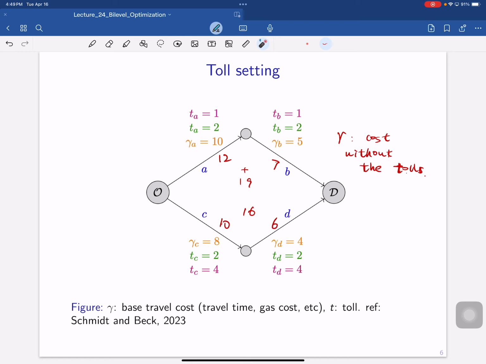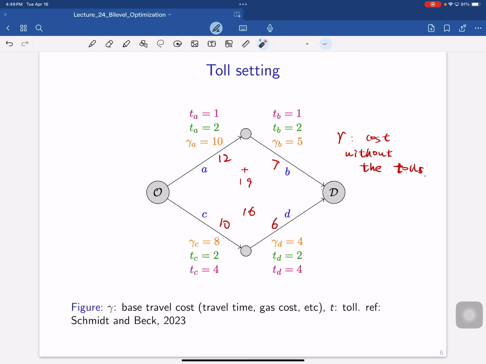So what is the problem here is the toll agency is trying to decide how to set the tolls on those edges such that they can maximize their profit. When the toll agency sets their tolls, they have to use the assumption that the travelers will respond optimally to their tolls.